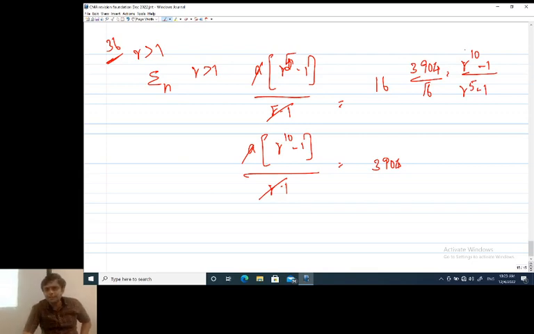Now 10 can be written as 5 into 2. Let me assume r power 5 as x. So on rewriting, what do I get? 3904 divided by 16 equal to x squared minus 1 by x minus 1. x squared minus 1 can be expanded as x plus 1 into x minus 1.